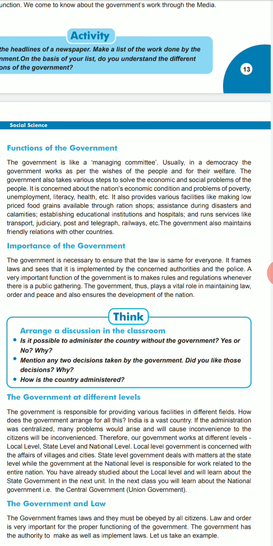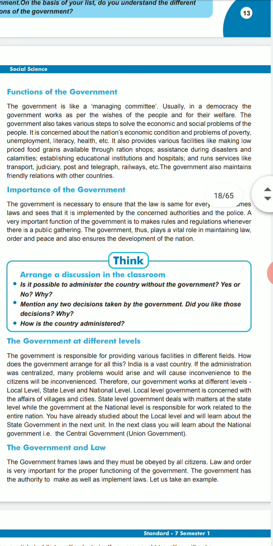A very important function of the government is to make rules and regulations wherever there is a public gathering. The government thus plays a vital role, means main role, in maintaining law, order and peace, and also ensures the development of the nation.